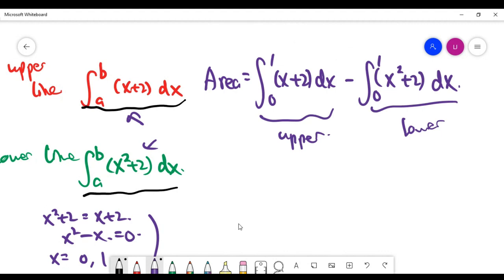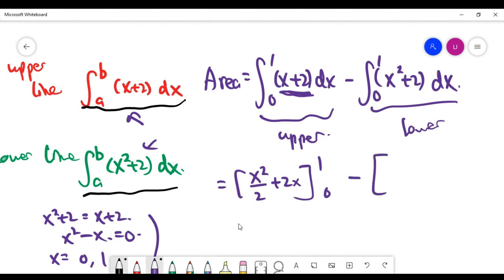I trust that you're able to do this calculation. The antiderivative of this function is x squared over 2 plus 2x, and you have to replace x by 1 and 0 correspondingly and find the difference. Similarly, for the second one, it's going to be x cubed over 3 plus 2x. Once again, you need to find the value of this function from 0 to 1 and take the difference.